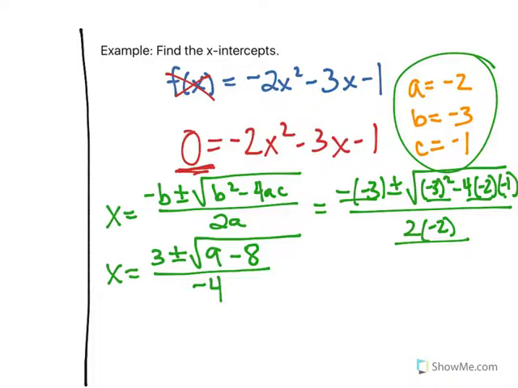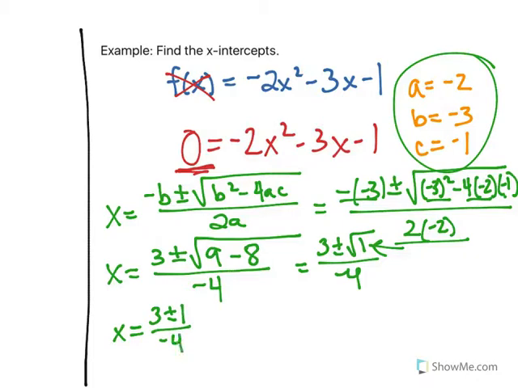We can't leave our answer like this, we must simplify. We're going to start by doing 9 minus 8, so we get 3 plus or minus the square root of 1 divided by negative 4. The square root of 1 is just 1, so we can rewrite this as 3 plus or minus 1 divided by negative 4. Remember, when we have this plus or minus right here, this is actually two answers.